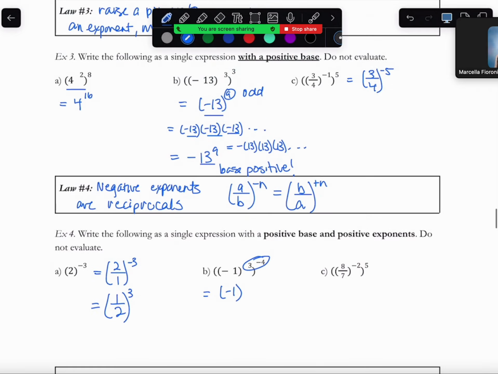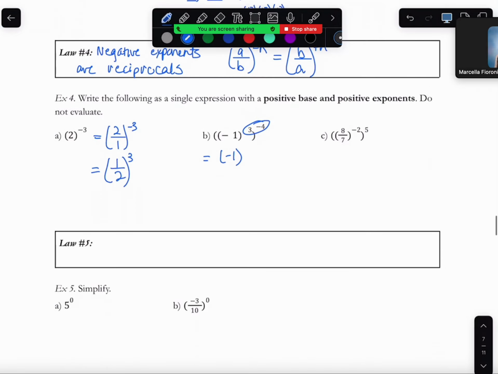Okay, so now I'm doing a double step here too. I'm going to use law number 3 to simplify 3 to the negative 4, or 3 times negative 4. So I get negative 1 to the power of negative 12. Negative 1 we can write as negative 1 over 1. I know it looks a bit weird, but that's okay. Now I can take the reciprocal of this, 1 over negative 1 to the power of positive 12.